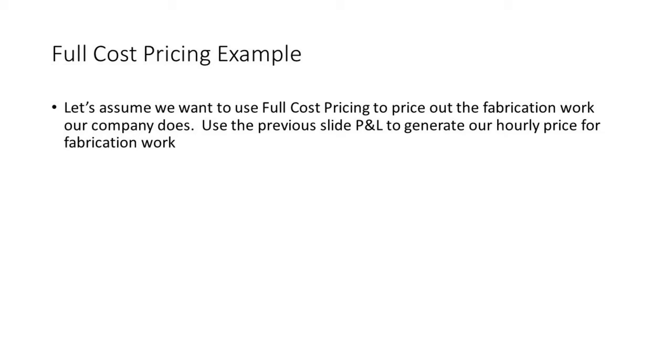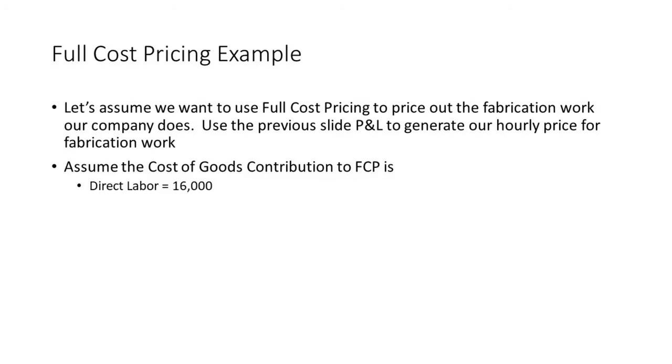We're going to use the previous slide's profit and loss statement as the basis for generating our hourly price for fabrication work. First we'll start off with the assumption that of the $18,000 or so that was in the statement for direct labor, $16,000 of that directly applies to fabrication. So we're going to include that cost in our calculation.